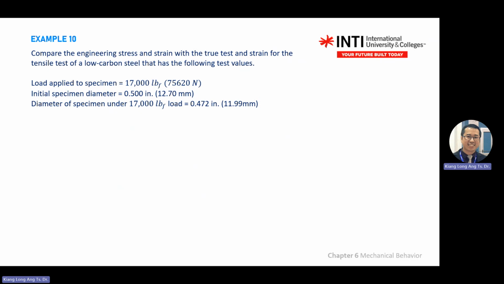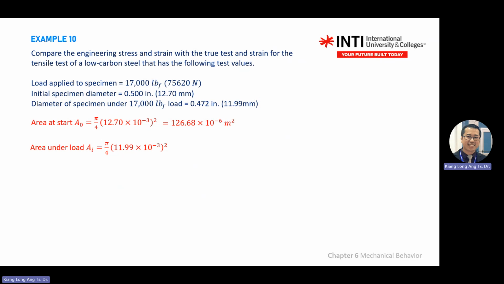Find the strain. Strain you don't know yet because you only have the initial diameter. So you find the area under load.